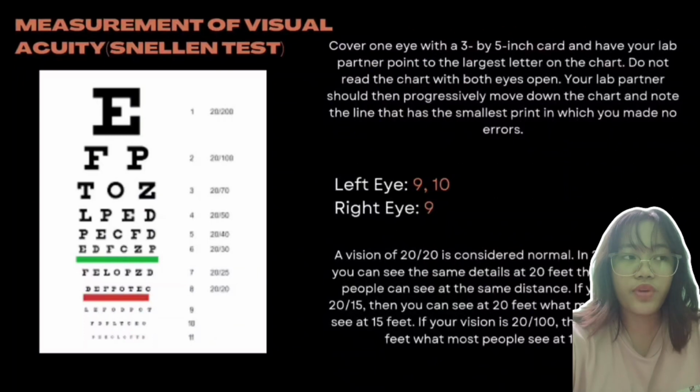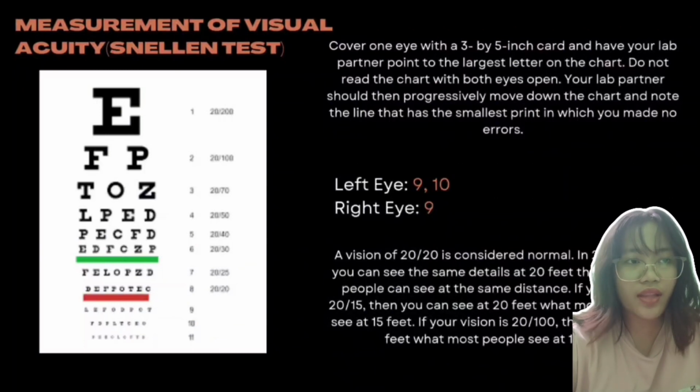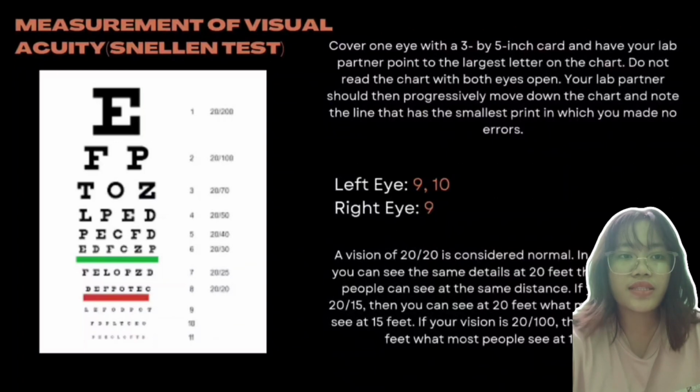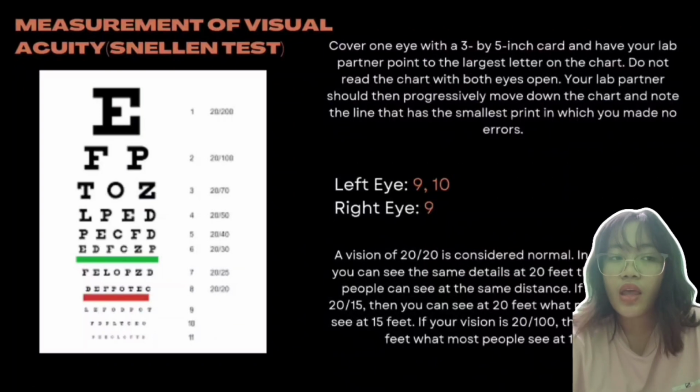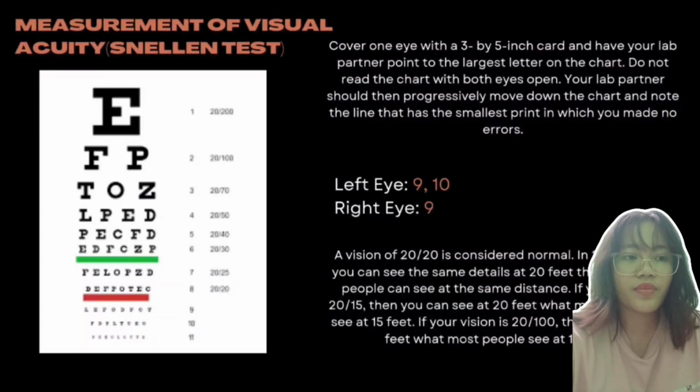For the measurement of visual acuity, we use the Snellen test. In this procedure, cover one eye with a 3 by 5 inch card and have your lab partner point to the largest letter on the chart. Do not read the chart with both eyes open. Your lab partner should then progressively move down the chart and note the line that has the smallest print in which you made no errors.